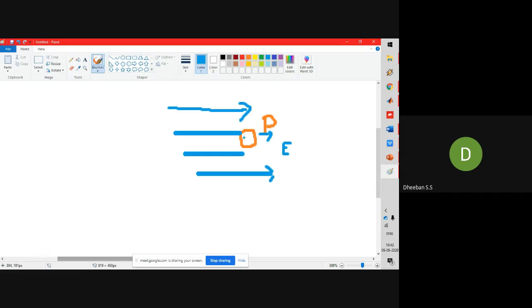Okay. It will be coming with respect to a vector quantity, so E vector.